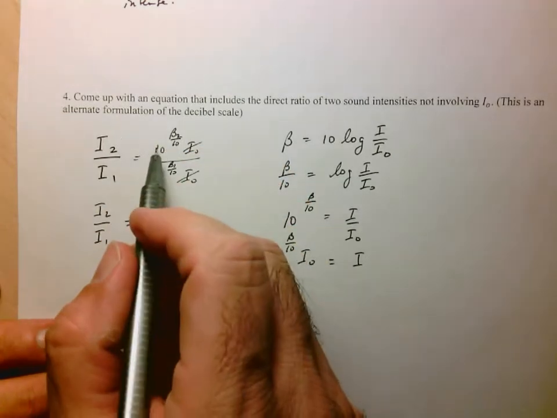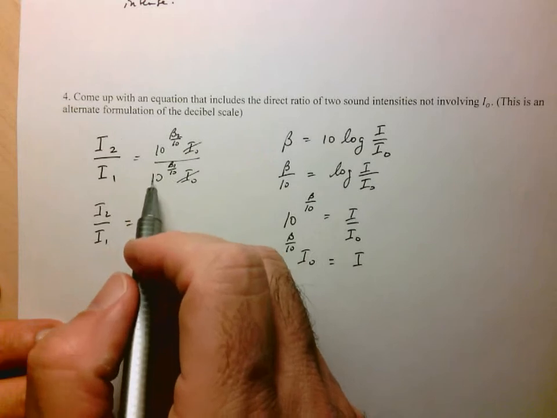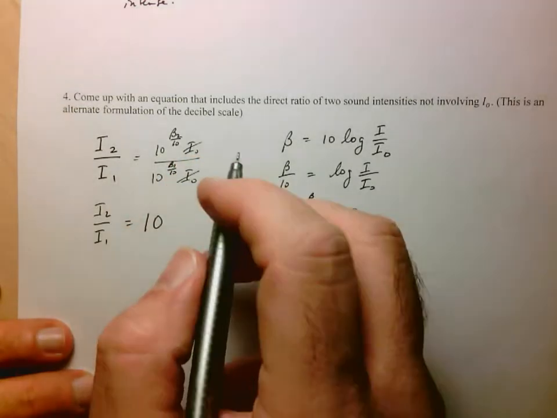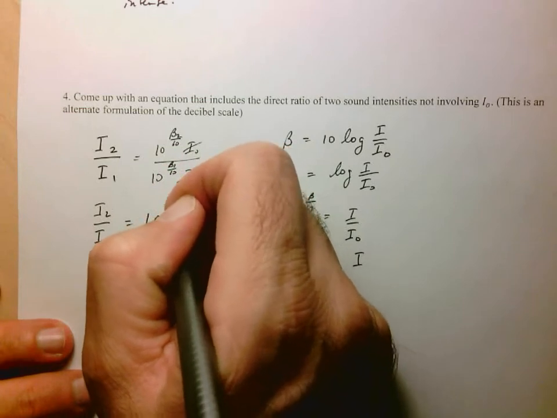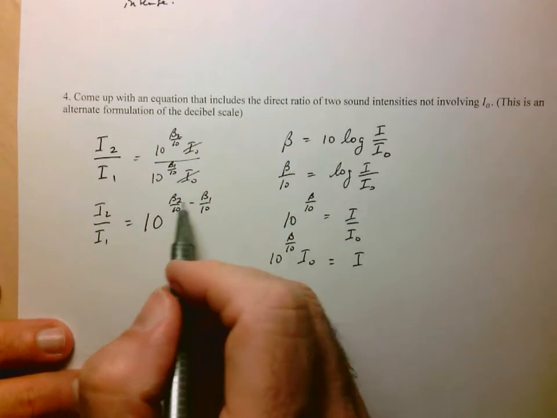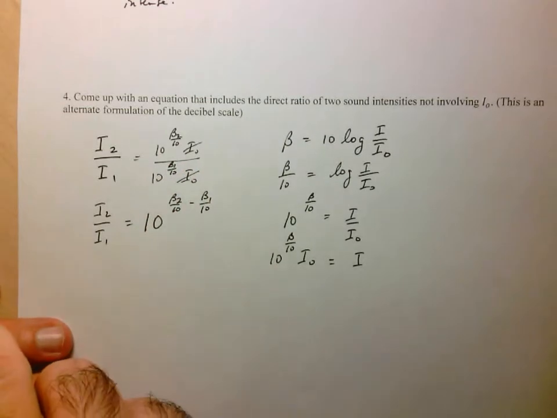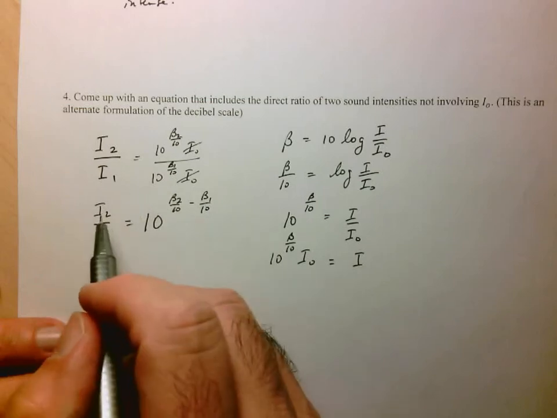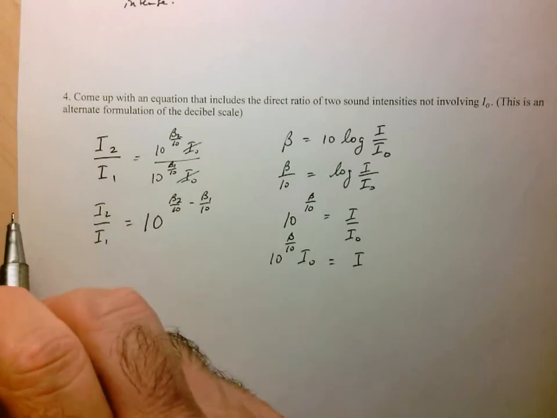But hey, wait a minute, we've got two powers with the same base that are being divided, so I can use my exponent law and write it as 10 to the beta 2 over 10 minus beta 1 over 10. I can even bring these together if I want. Okay, and there we have it.